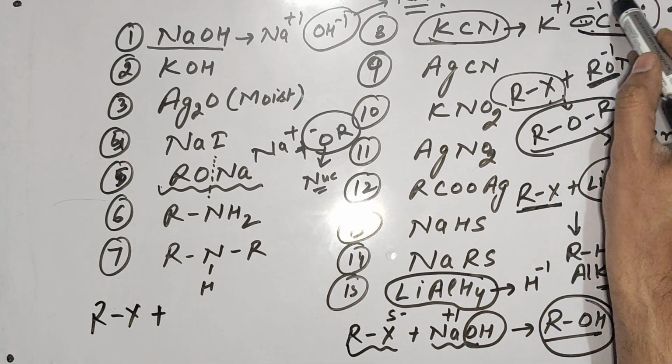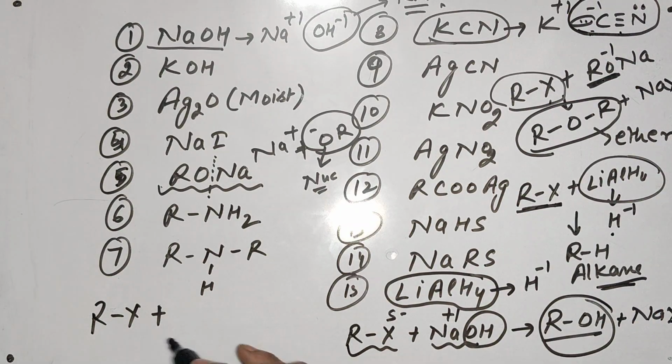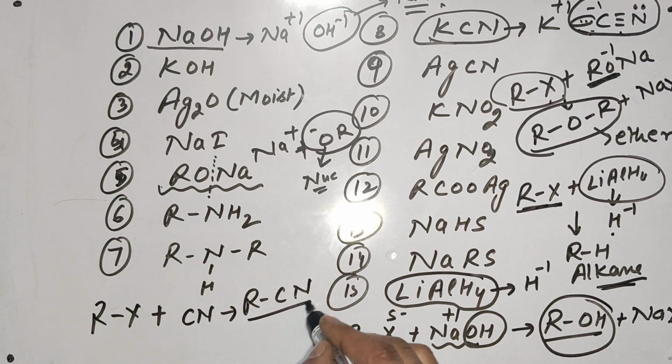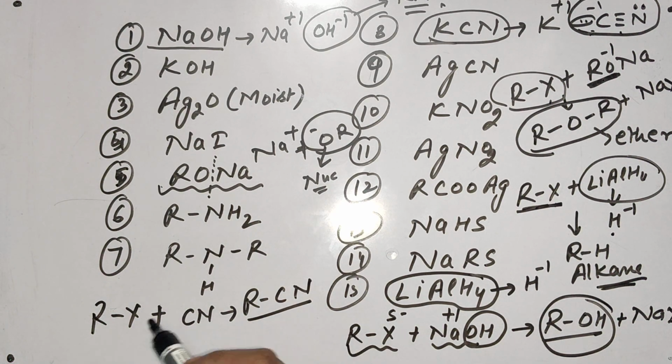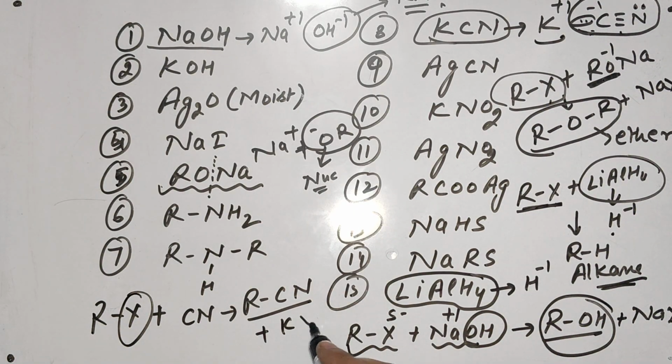Cyanide. Cyanide is a stronger nucleophile than X, so it will substitute it. RCN, alkyl cyanides, will be generated, and this X will be balanced by potassium, KX. In this fashion, nucleophilic substitution reactions will happen.